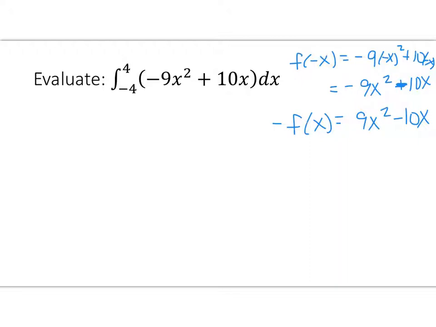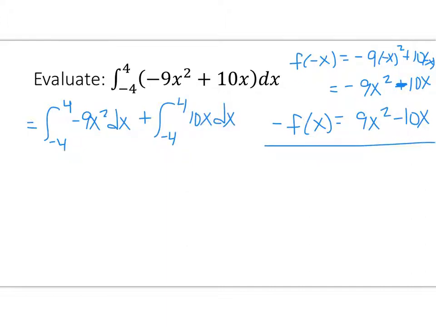But remember, I'm also allowed to break this up and do the integral from negative 4 to 4 of negative 9x squared dx plus the integral from negative 4 to 4 of 10x dx. So now if I use these new functions, f of negative x for my first function would be negative 9 times negative x squared, which would still be negative 9x squared.